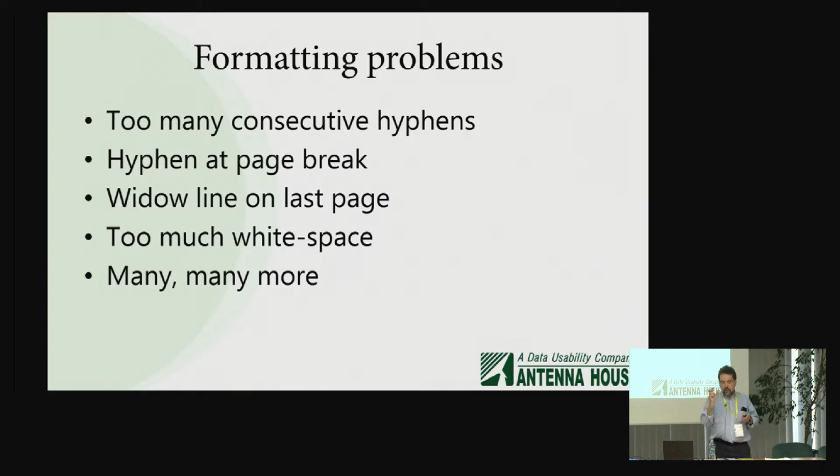A widow line is a line at the top of the page, a short line or just a few words at the top of the page. If it's followed by more paragraphs, that's bad, but if it's the only thing on the last page of a chapter of a book, then that looks really bad. You can have too much white space, which interferes with your reading, and there's many, many more.